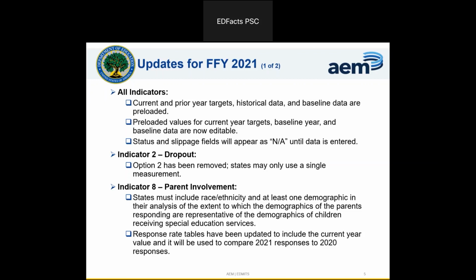Next, we'll go to the actual indicator-specific updates. For indicator 2, the dropout indicator, option 2 has been removed, so states may only use a single measurement.